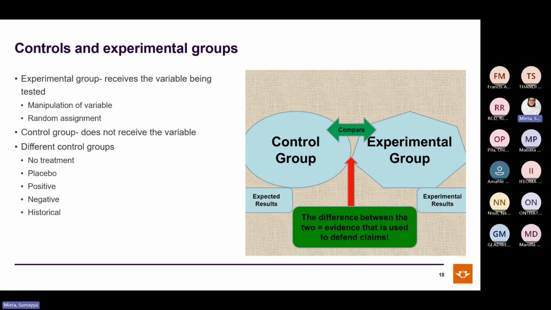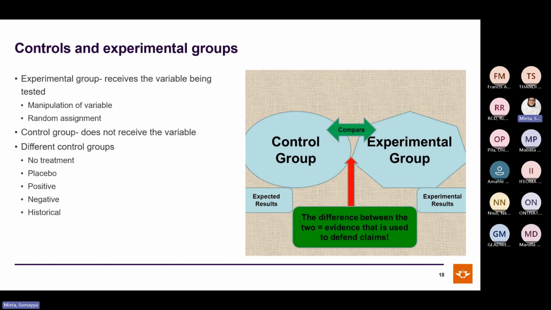Then we have the negative control where we don't add the bacteria, but we can add all the other components. So we can add the chlorine. And we see that what's going to happen? Nothing, okay? There's going to be a negative result. There's going to be no bacteria growing because they were not there in the first place, okay?